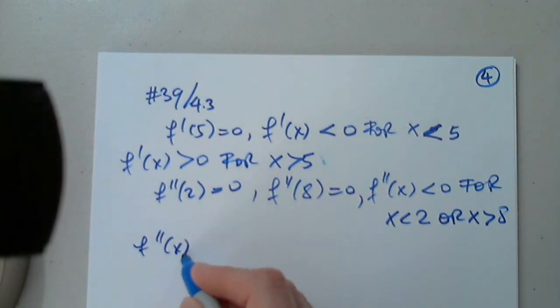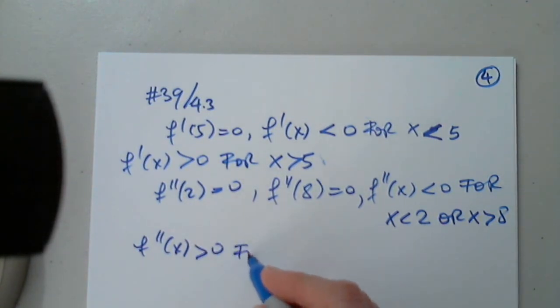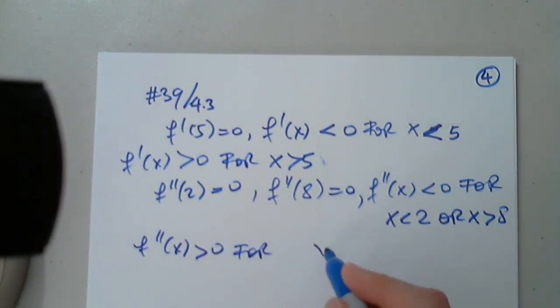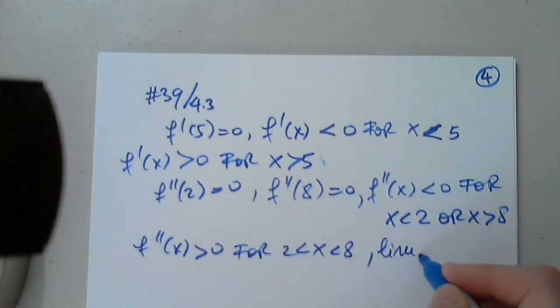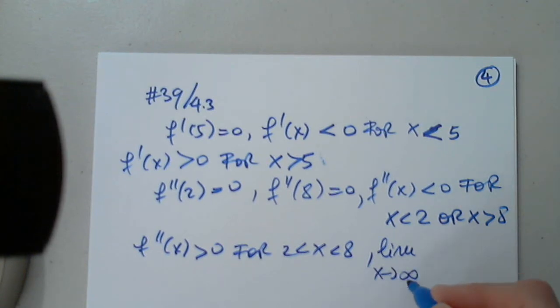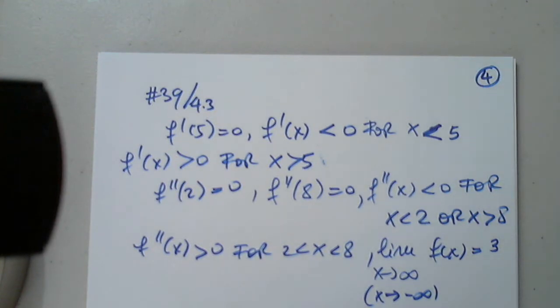F double prime of x is greater than 0 for x between 2 and 8. And the limit as x approaches infinity of f of x is 3, and the same for x approaching negative infinity, also 3. Okay, let me close this and put it aside.